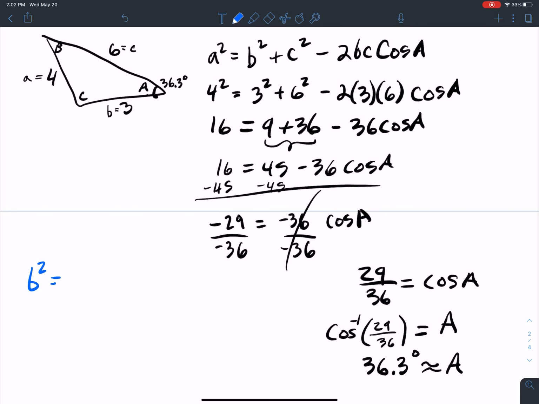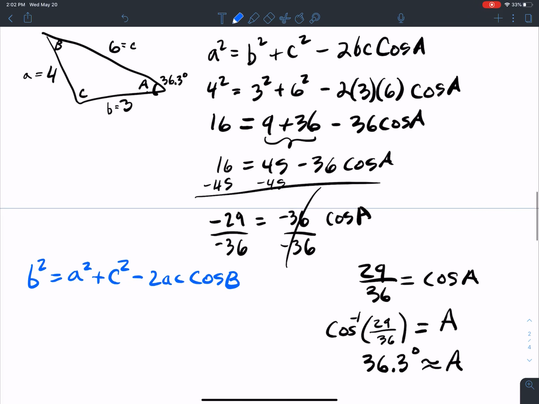So do b squared equals a squared plus c squared minus 2ac cosine B. Okay.